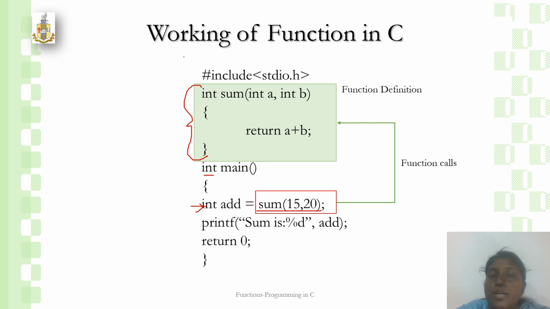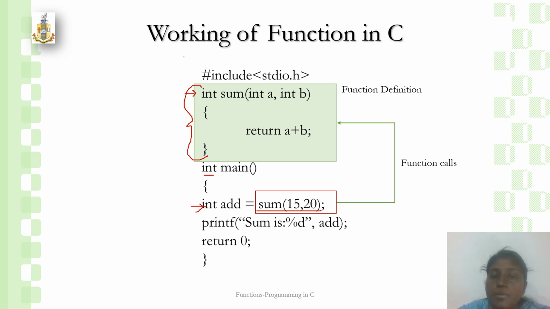It will call the function which I have already declared and defined. So the control goes into this particular line: int sum of int a comma int b. Here two arguments are there, and here also two arguments are there.